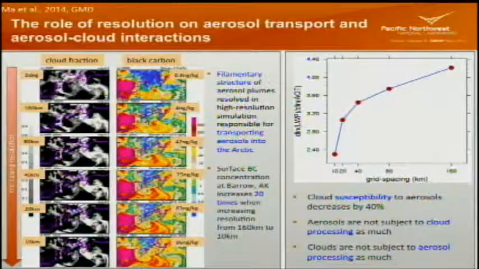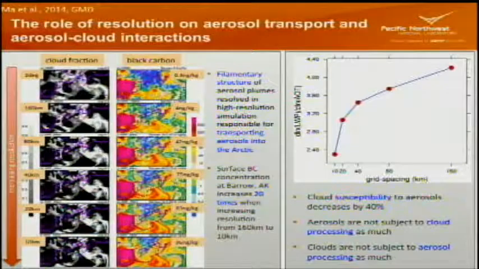One is that in the high resolution, the aerosols become more concentrated, with much higher concentration. The other is that the aerosol plumes and the clouds become less collocated. Therefore, aerosols are less subject to cloud processing and vice versa.